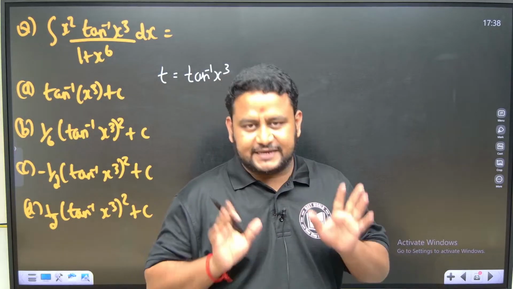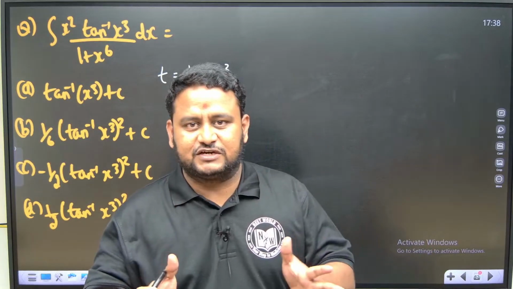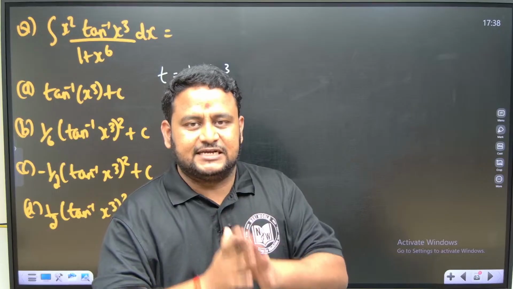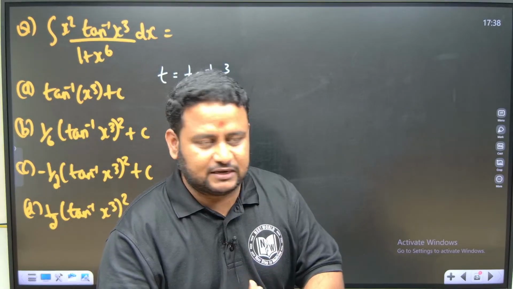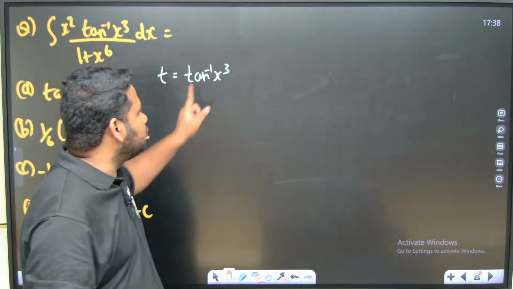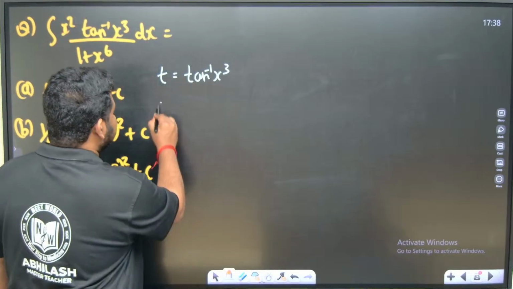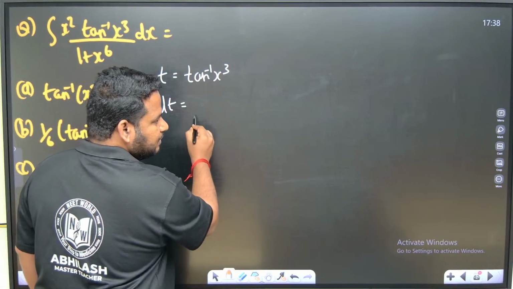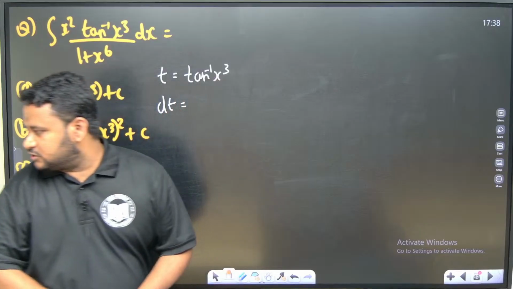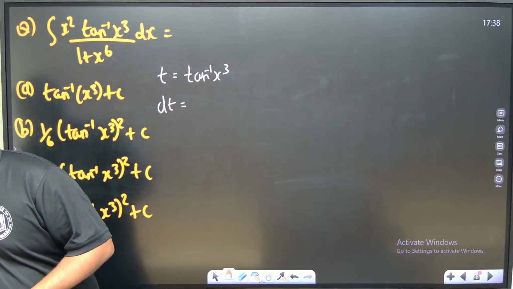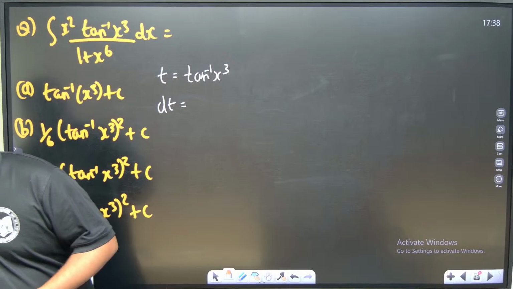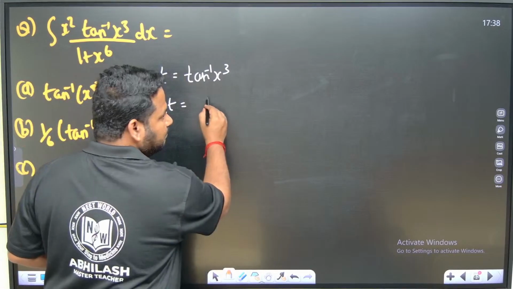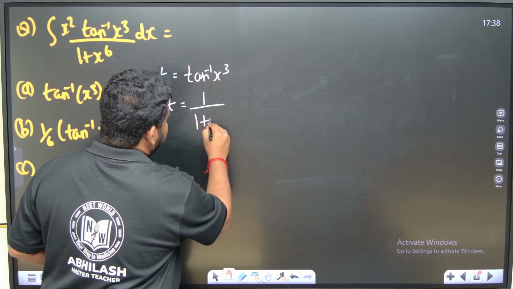I have told this in the beginning also. So here t is equal to tan inverse of x cube, so dt will become 1 by 1 plus x to the power of 6.